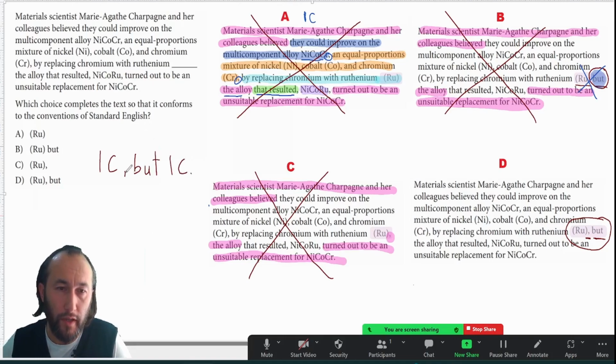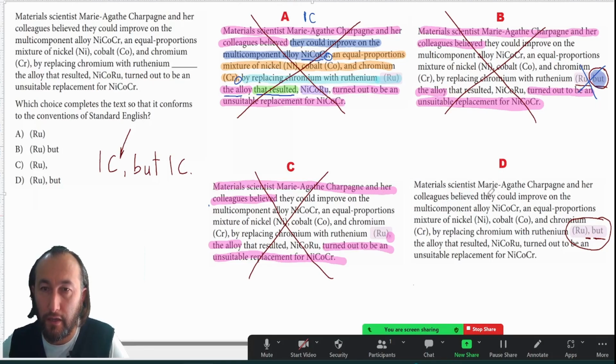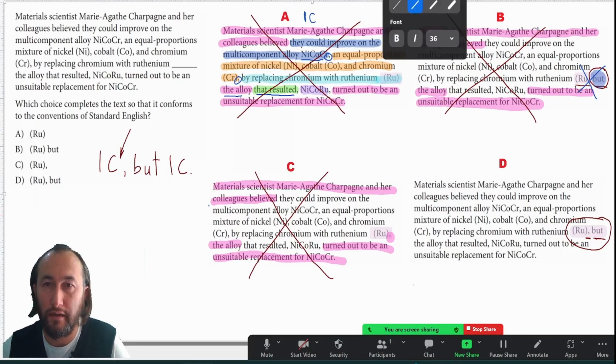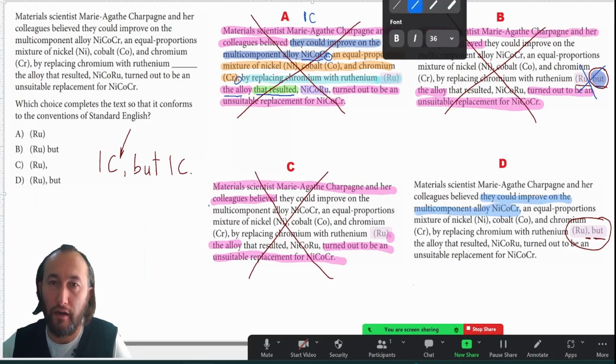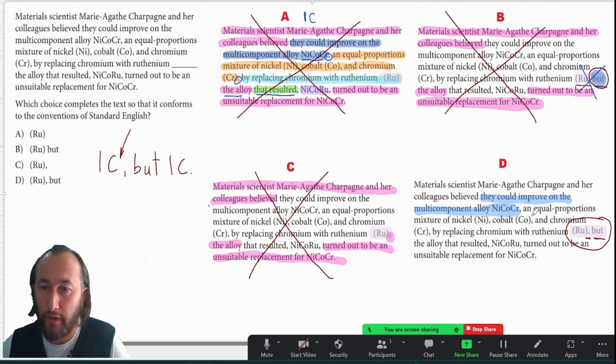Between them, obviously, we got extra stuff: dependent clauses, extra information. They believed they could improve on the multi-component alloy, this one. And what is NiCoCr? So extra information is coming here: it's an equal proportions mixture of nickel, cobalt, and chromium.